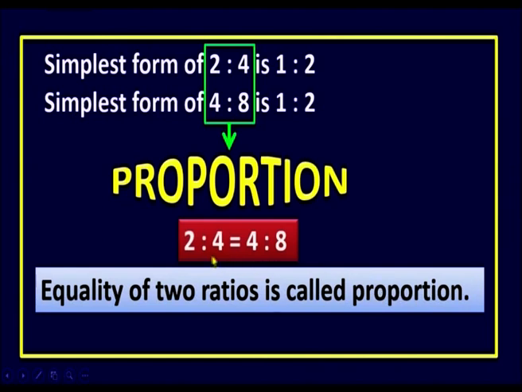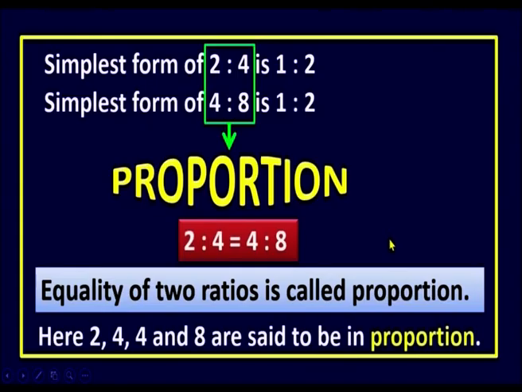So, since here two ratios are equal, we say these quantities are in proportion. That means, I can say 2, 4, 4 and 8 are in proportion. And children, it is very important to note that the order is very important here. Here 2, 4, 4, 8 are said to be in proportion. You cannot change the order of these numbers. I hope you understood, children.